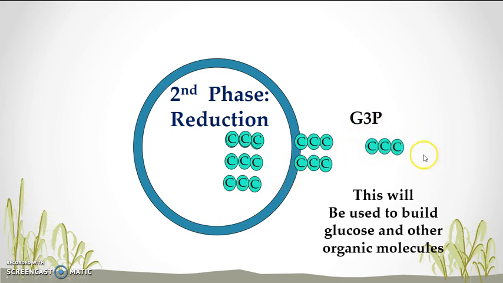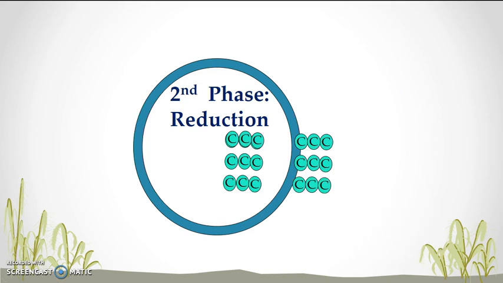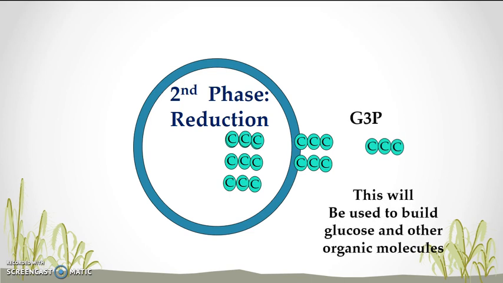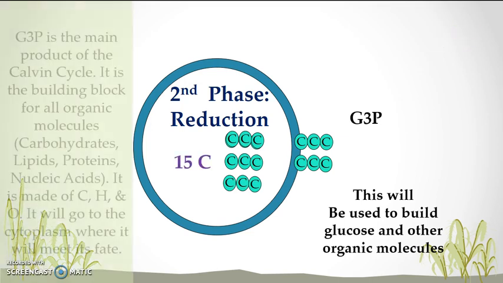One G3P will attach to another G3P to form your 6-carbon glucose. While technically we have 6 G3Ps here, only 1 leaves. Those 3 carbons represent the first 3 carbon dioxides that were taken in during carbon fixation. So now we are left with 15 carbons remaining, which is what we started with.